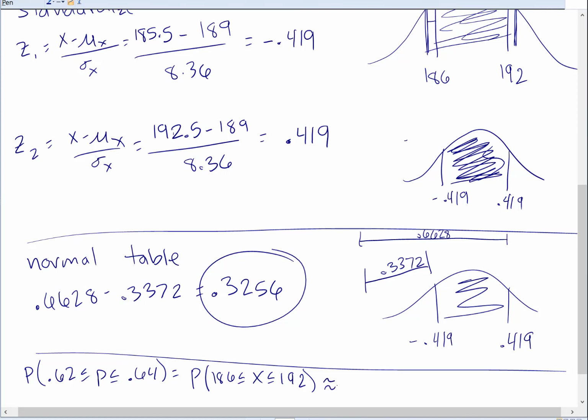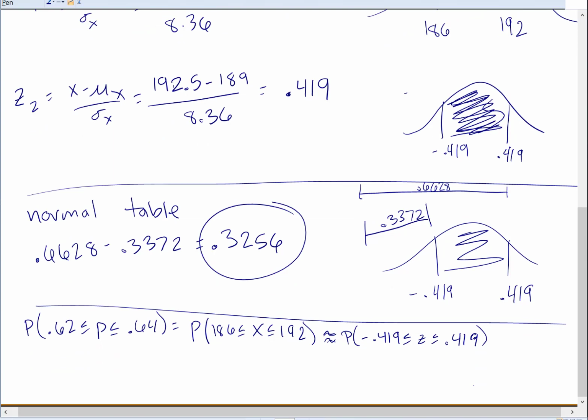And when I standardized and used the continuity correction, it was almost equal to the probability that z was between negative 0.419 and 0.419, which I had to change to 0.42 to use the table, which is approximately 0.3256. Now, the textbook didn't have to use the table, so their answer is just a little bit more accurate, but that's fine. So about a 32% chance that he will get a sample proportion between 62% and 64%.